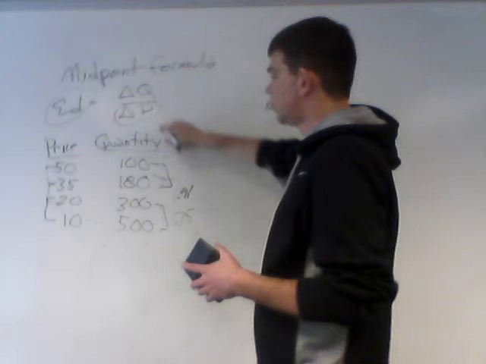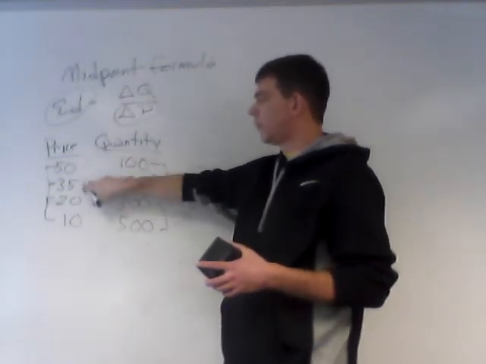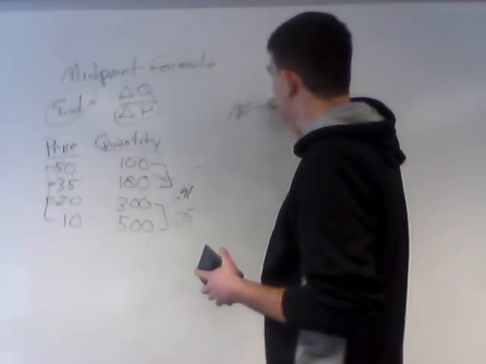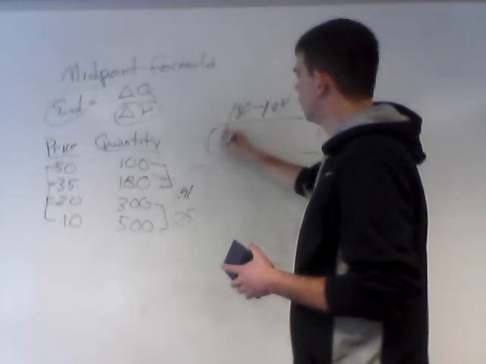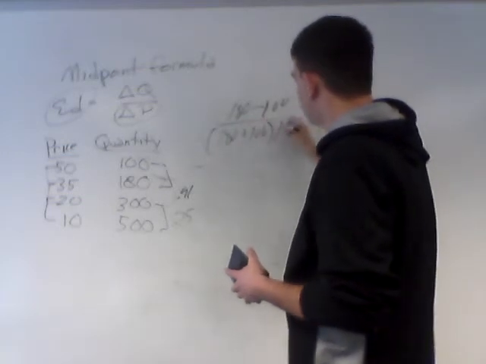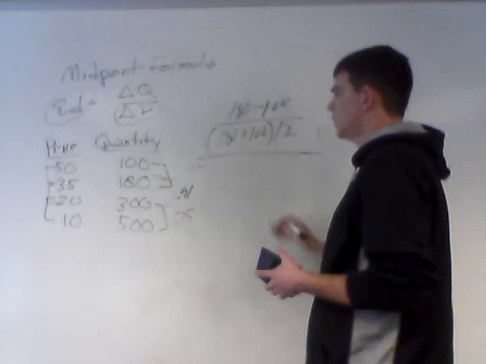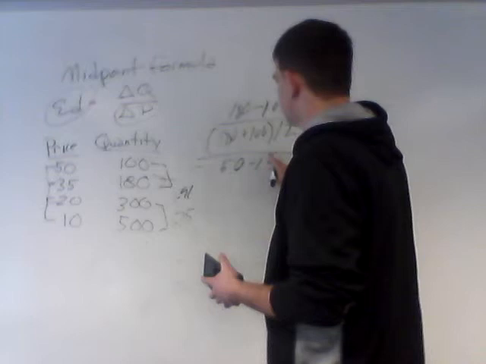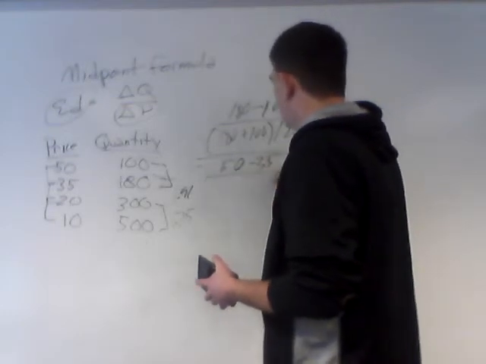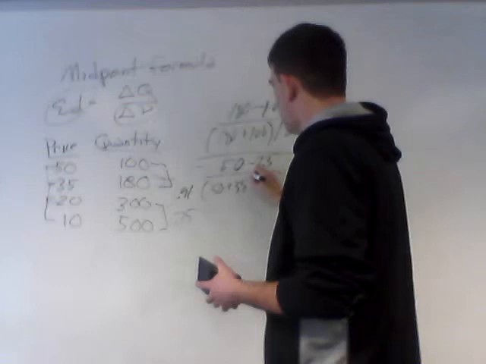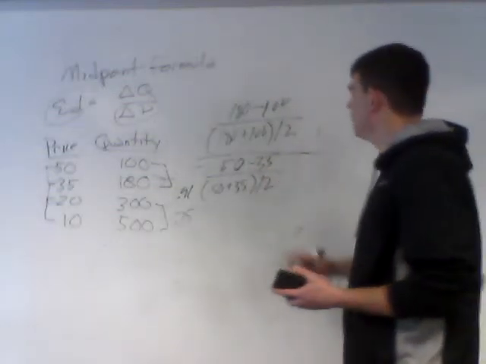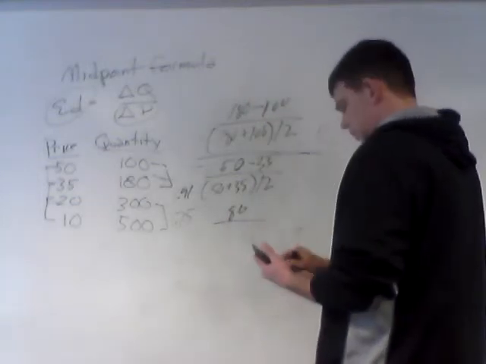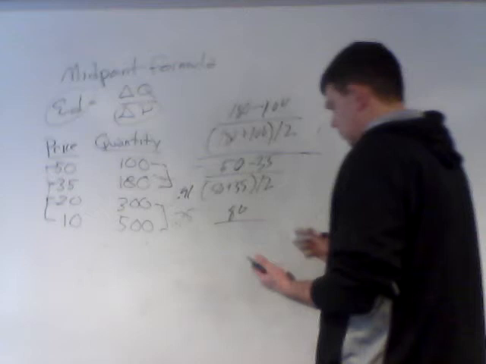Again, change in quantity over change in price if we move from $50 to $35. Okay? So we do the change in quantity first. It's 180 minus 100 over 180 plus 100 divided by 2. Okay? That's going to be the change in quantity. The change in price will be 50 minus 35 all over 50 plus 35 divided by 2. Okay? So this is going to be 80 over, let's see, 280 divided by 2, of course, is 140.